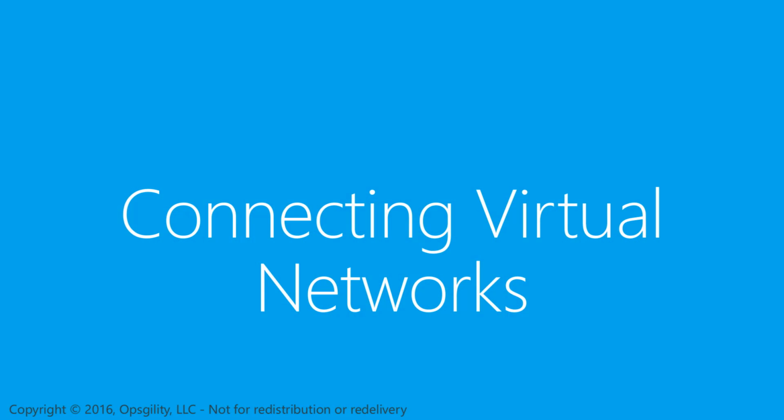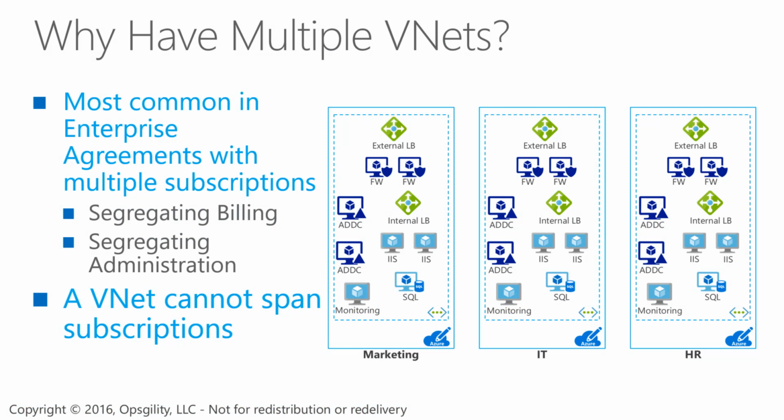This leads naturally to the question, how can I connect my virtual networks, especially if I'm managing multiple subscriptions? It might be best to first discuss why an organization might need or want to have multiple virtual networks. It's common for larger enterprises to manage multiple subscriptions.